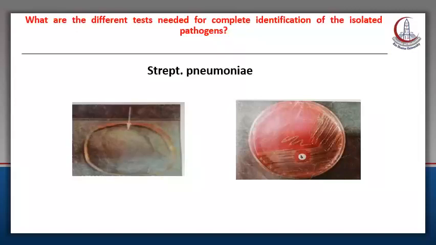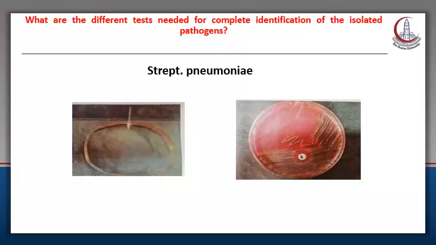The optochin sensitivity test differentiates between Strep pneumoniae and Strep viridans. As we know from the catalase test, it is streptococci in general, but it's giving partial hemolysis on the blood agar, so we should perform the optochin sensitivity test to differentiate Strep pneumoniae from Strep viridans.